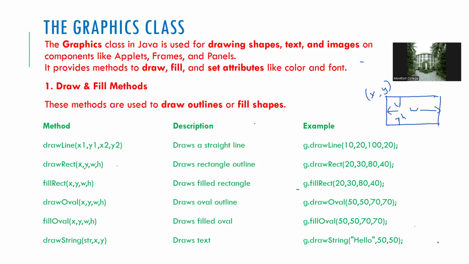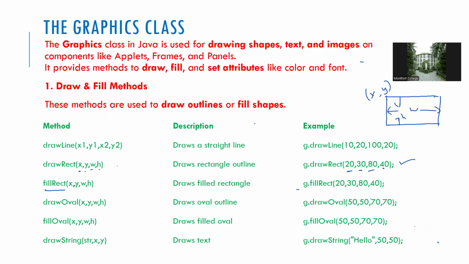That value we have to give here. Presently the x value is 20, the y value is 13, and then width and height. The width is large here, so 80. The height is less, that's why it is 40. In this way we have to give.